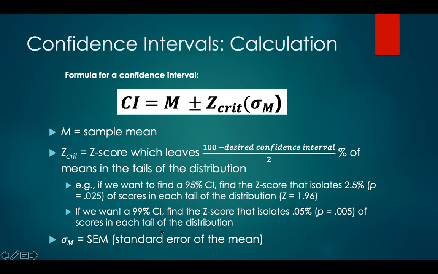Now, if we wanted a 99% confidence interval, we would find the z-score that isolates 0.5%, or p equals 0.005, of scores in each tail of the distribution. So that would be an even larger z-value. And sigma m is the standard error of the mean, which we talked about in the last lecture.